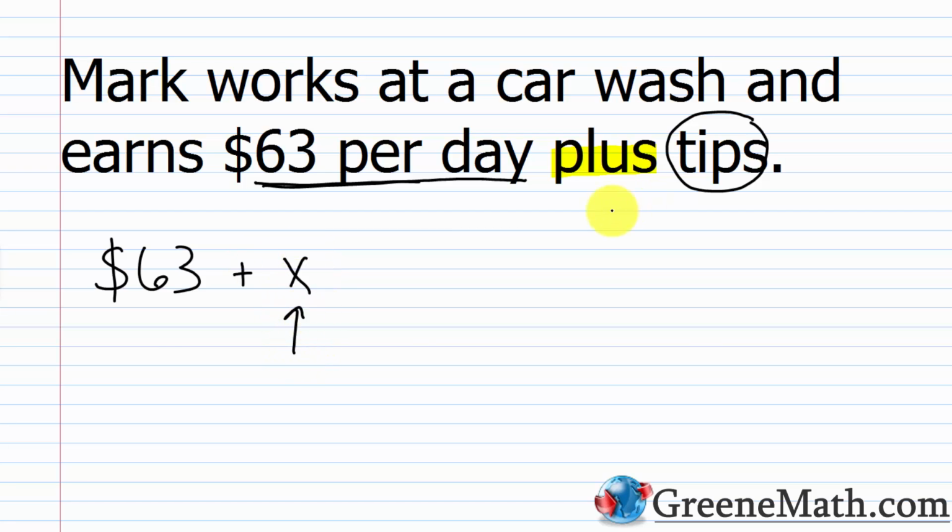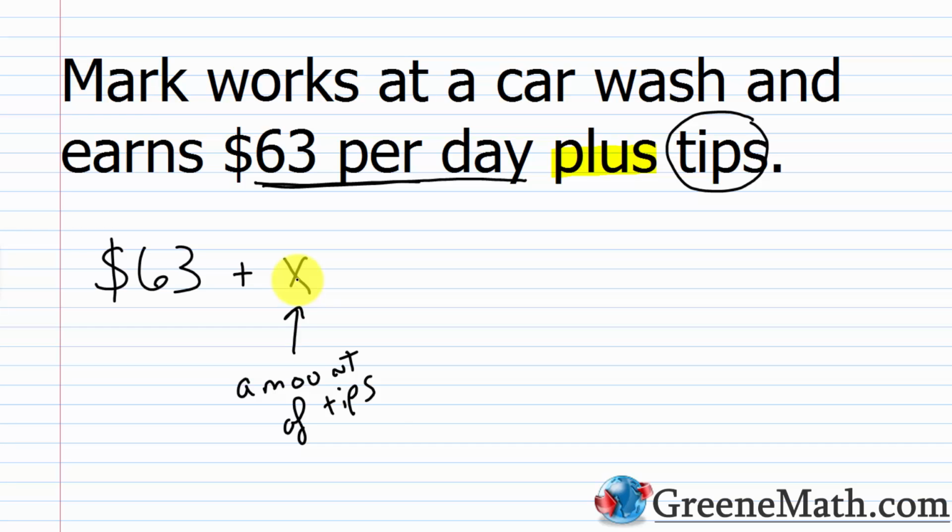So this represents the amount of tips. Now, we can use this to model what this person Mark is going to receive every day. He gets $63 plus x, where x equals the amount of tips that he's going to receive.